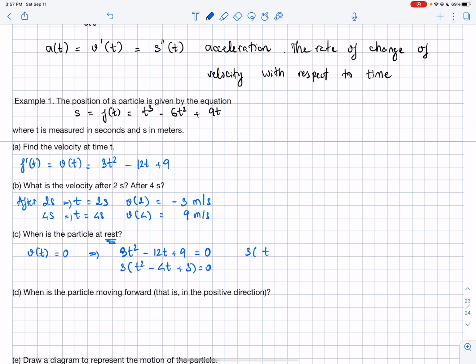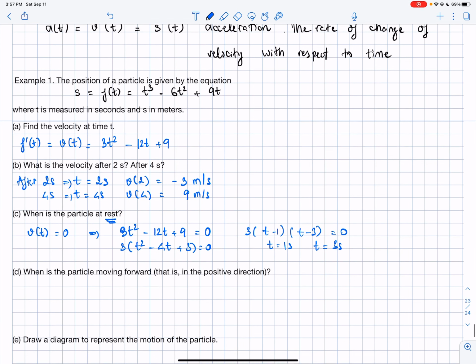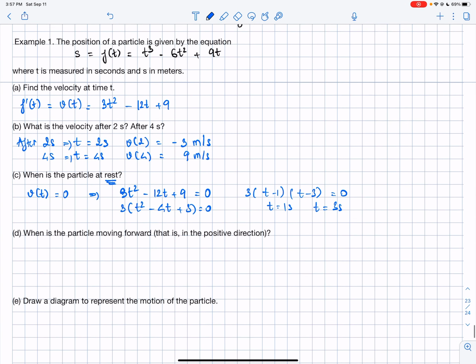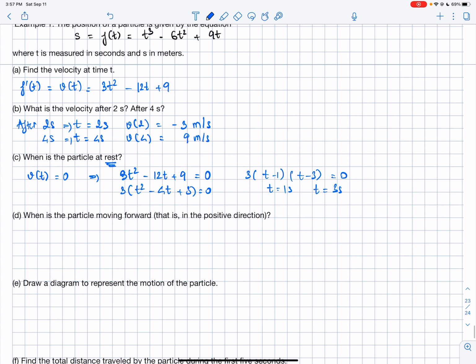We continue to factor, so we get t equal to 1 and t equal to 3. So the particle at rest, that means no moving, so velocity is 0 when t equal to 1 and t equal to 3.